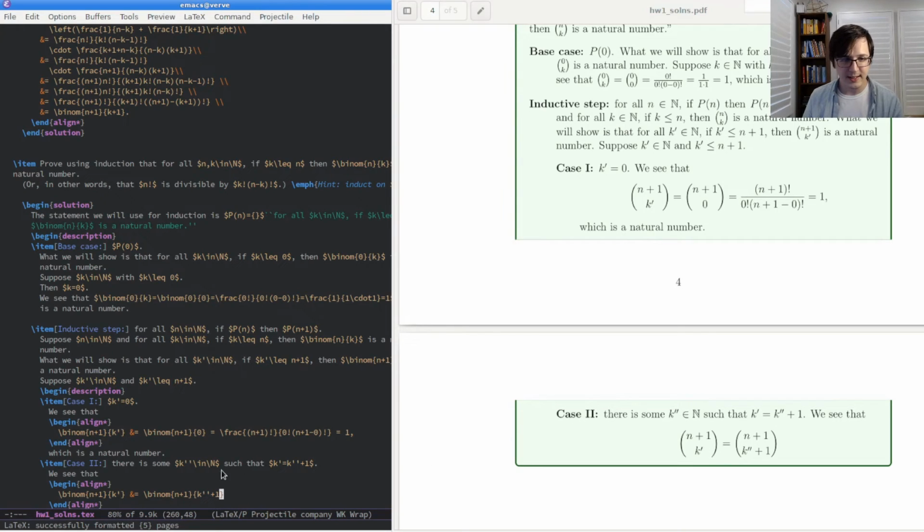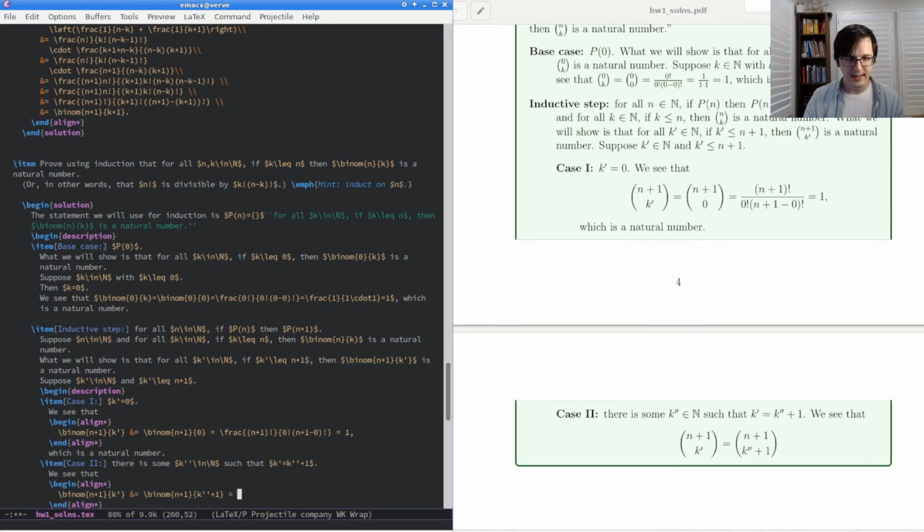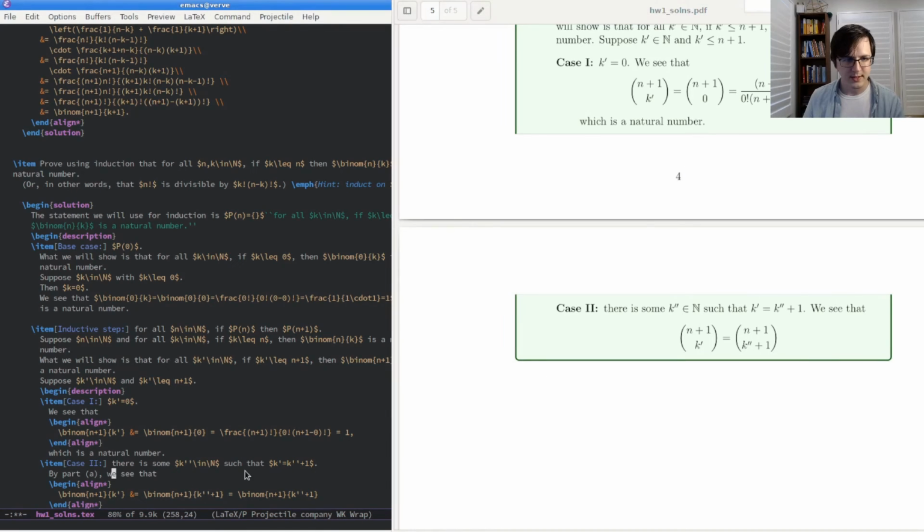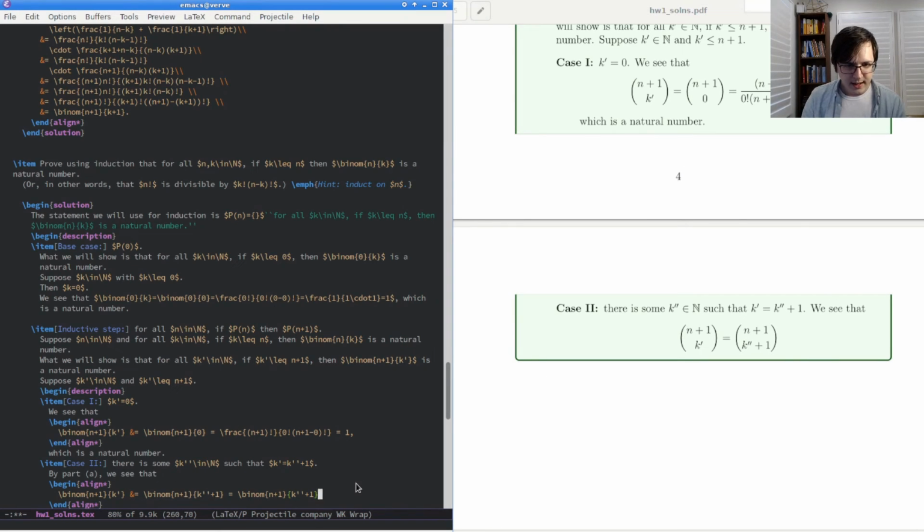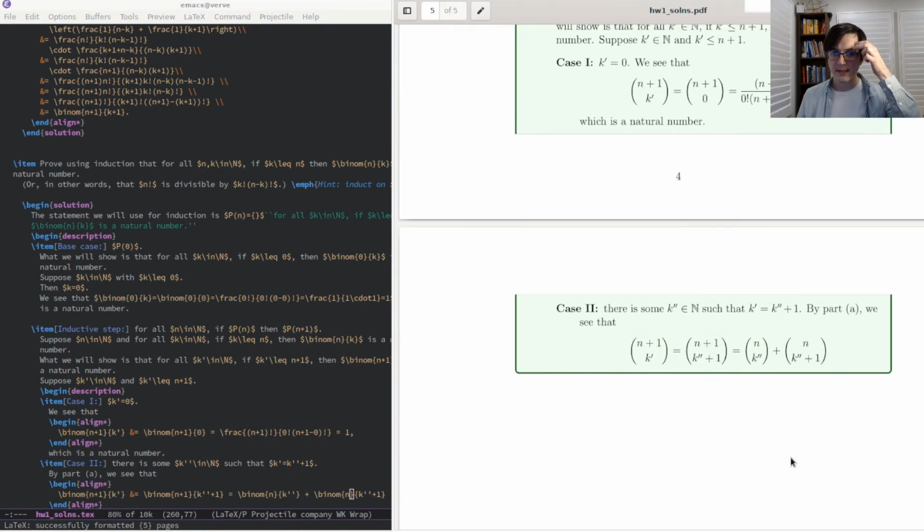We substituted it in, and then we use the theorem that we proved in part A. So by part A, because this is part B, this is a sum of two binomial coefficients, which I'll just copy in, removing the plus 1. I think it's this. And let's check.